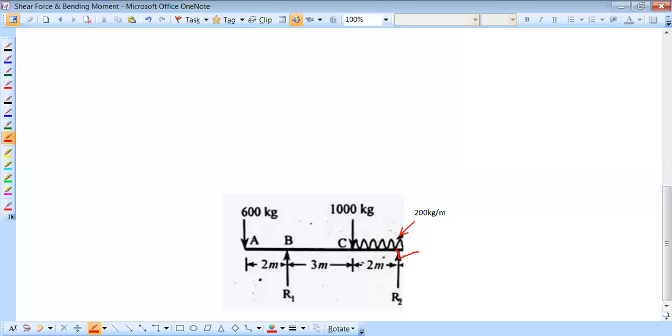The length of the beam is 2 meters plus 3 plus 2, that means 7 meters.